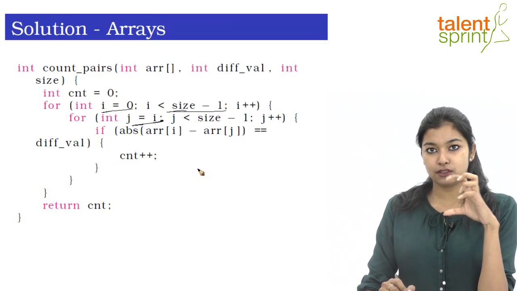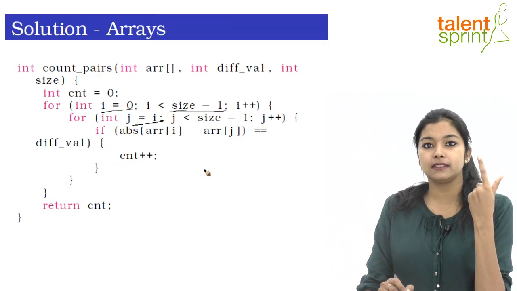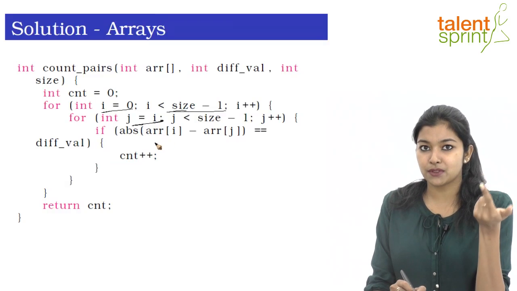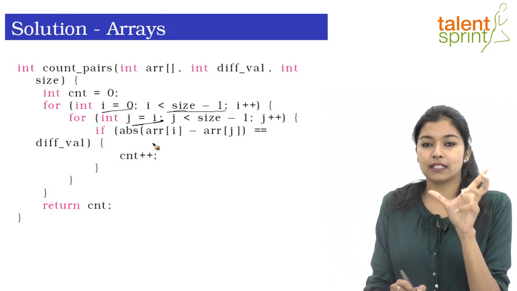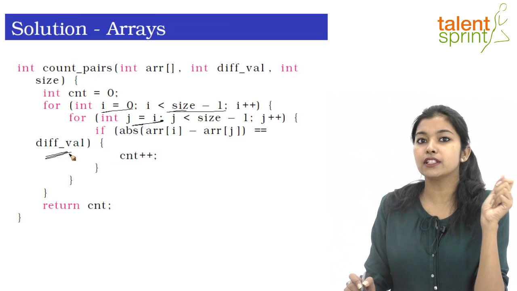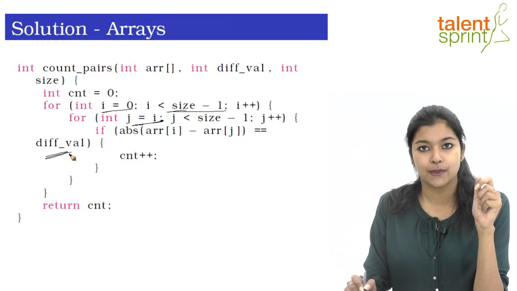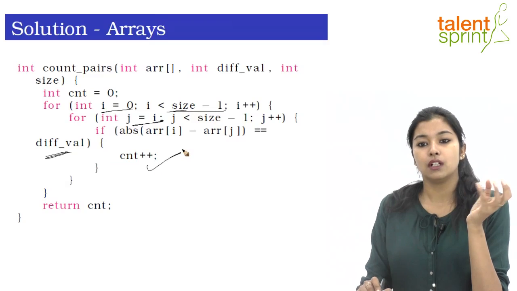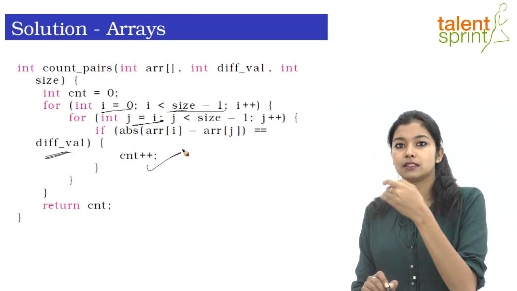Now inside these two loops, we have the first and second element in our first iteration. So we are subtracting those two values, taking the absolute difference and checking if it is equal to the difference value that we are looking for. If yes, we add to our count. If no, we move on to the third element.